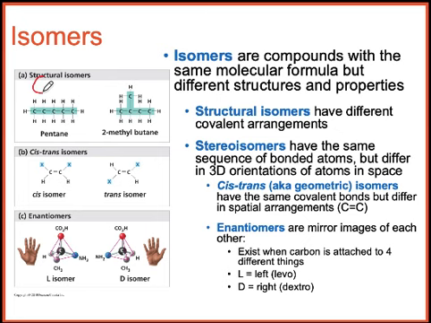So C5, H, 1, 2, 3, 4, 5, 6, 7, 8, 9, 10, 11, 12. H12. Okay? This one here, 2-methylbutane, is the same thing, C5H12, but what? It's in a different arrangement.